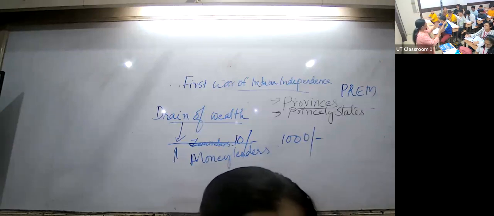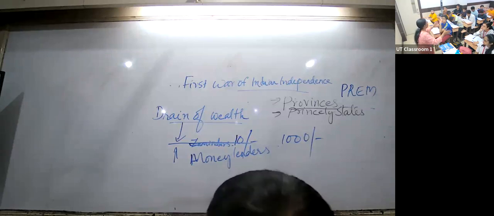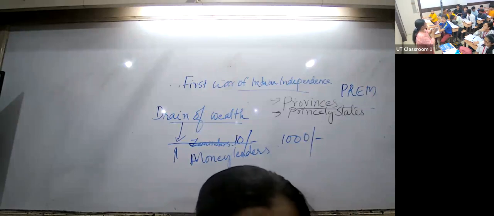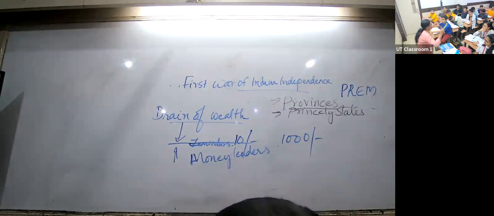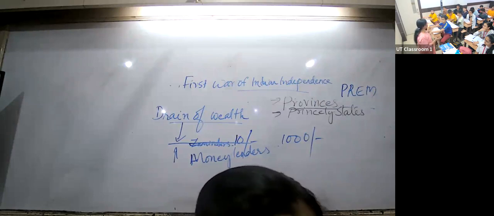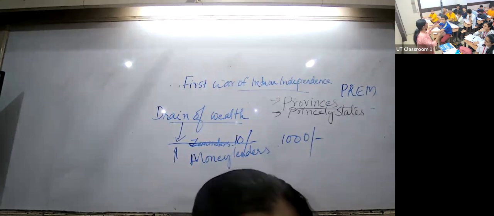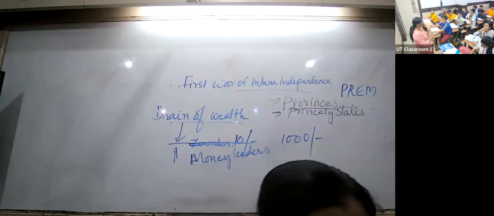So what is divide and rule? Dividing on the basis of religion. When they divided the people on the basis of religion, that is why the clashes are there. Even now, we know that at every time there will be clashes between these communities, communal clashes, communal riots.